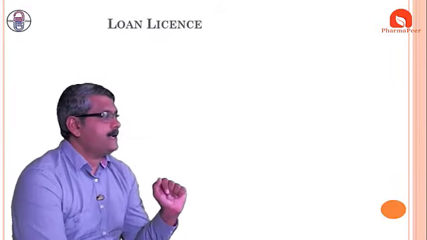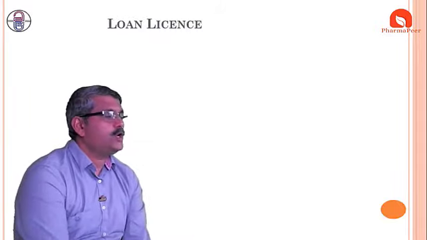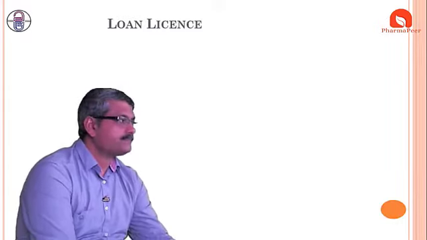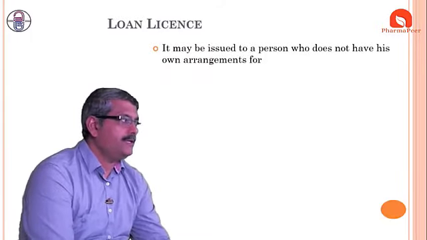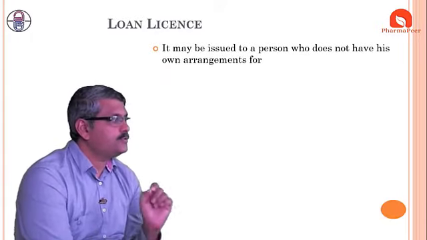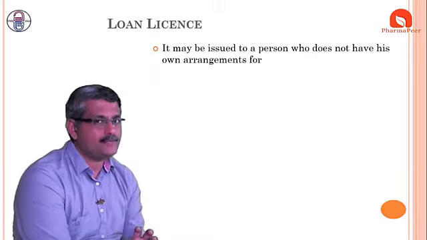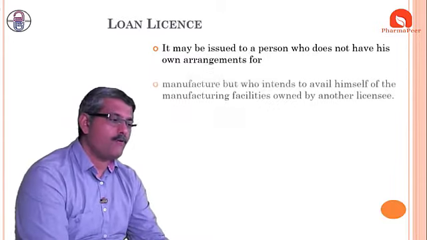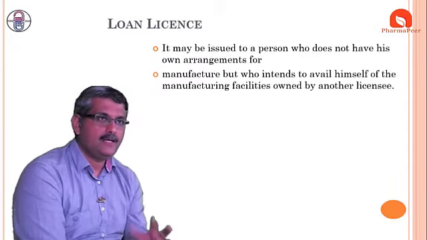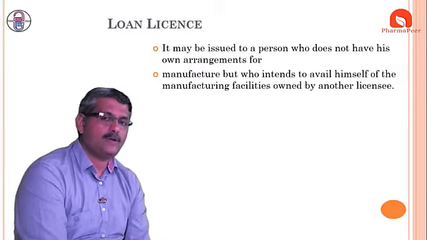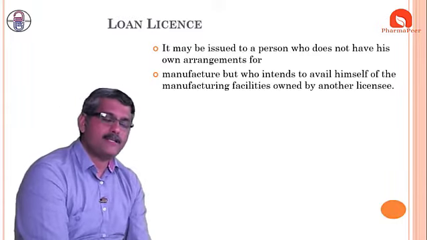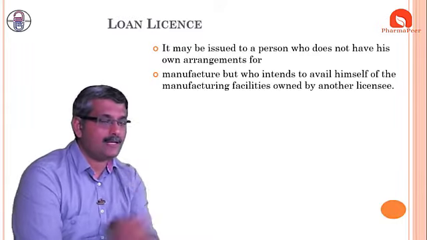The next point is what we call a loan license. Now, what do you mean by a loan license? To whom are these loan licenses issued? A loan license may be issued to a person who does not have his own arrangement for manufacturing, but who intends to avail himself of manufacturing facilities owned by another licensee.